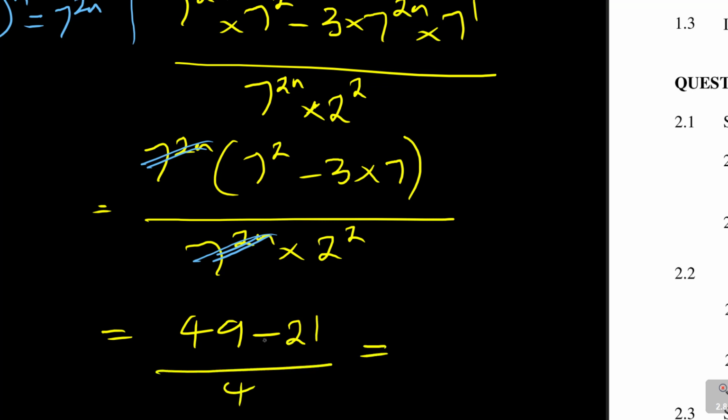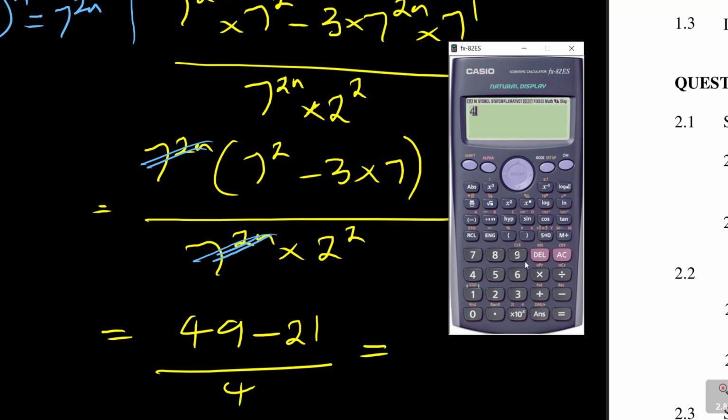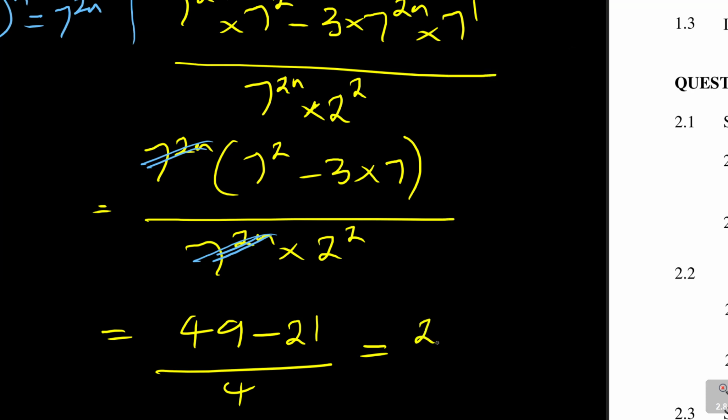This can simplify that. 49 minus 21, I think I can quickly use my calculator. These days this calculator is messing us up. We rely too much on it, even on simple things. 28 over 4, now the answer is 7.